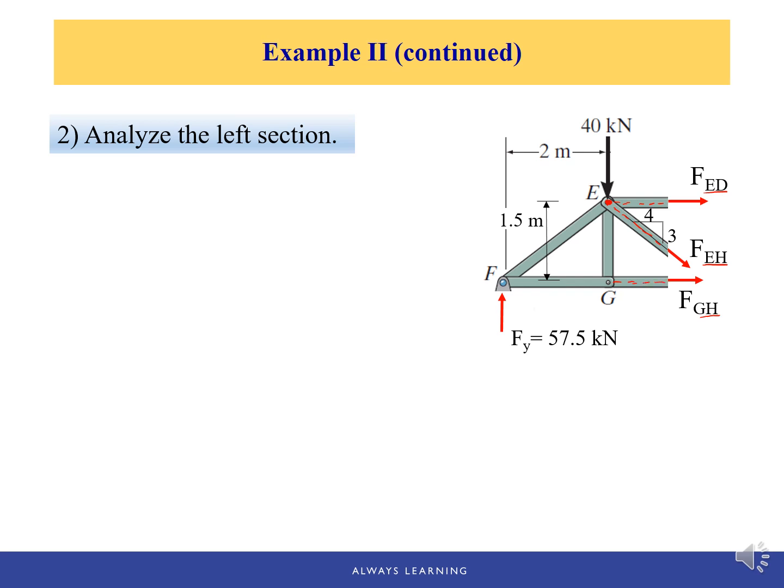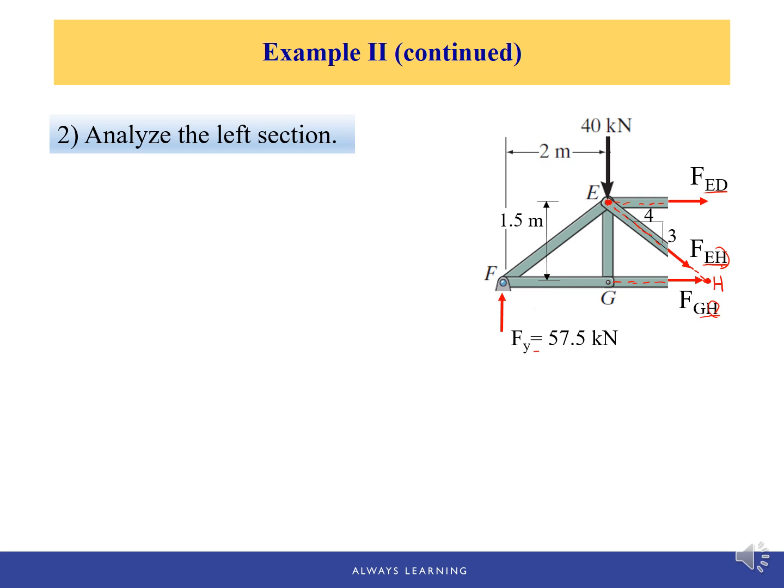And also, if we extend the force FEH further down, or if you check the original truss structure, those two members are joined at pin H. Well, we can also tell from the name of the forces, there is a concurrent point H. And also don't forget the support reaction at pin F, which we already solved in step 1.